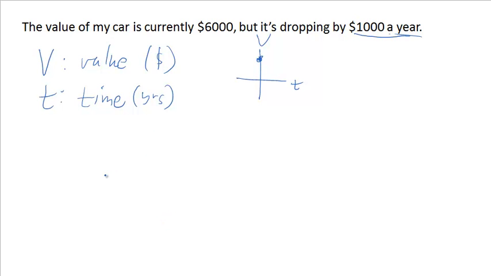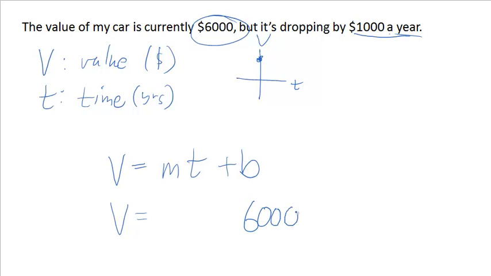So hopefully you said, I know that my v value is going to be slope times my input plus my y-intercept. In this case, my starting value, my intercept, is 6,000. My rate of change, my slope, is 1,000. So we end up with 1,000t plus 6,000.